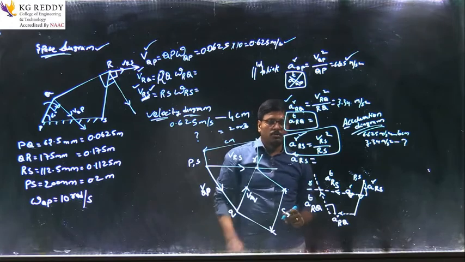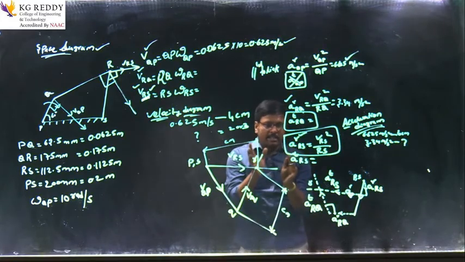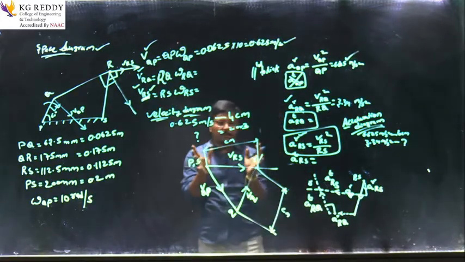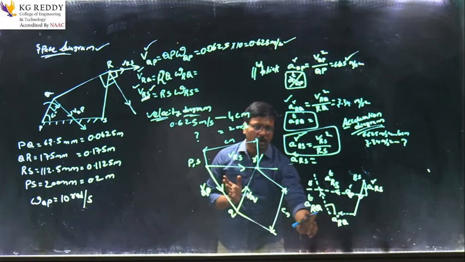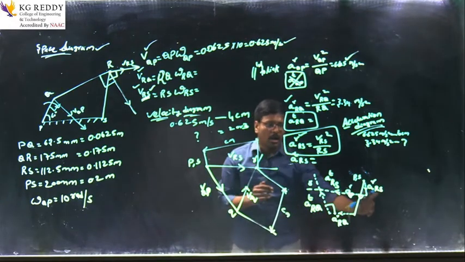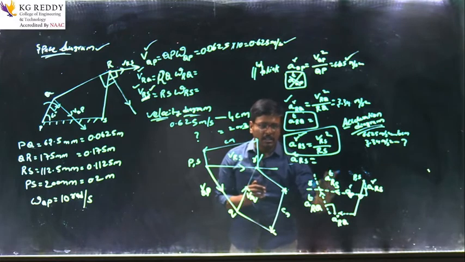Right? So while we are joining this, if you can observe here, one is the radial component of R with respect to Q, the tangential component of R with respect to Q, the radial component of R with respect to S, the tangential component of R with respect to S, right?